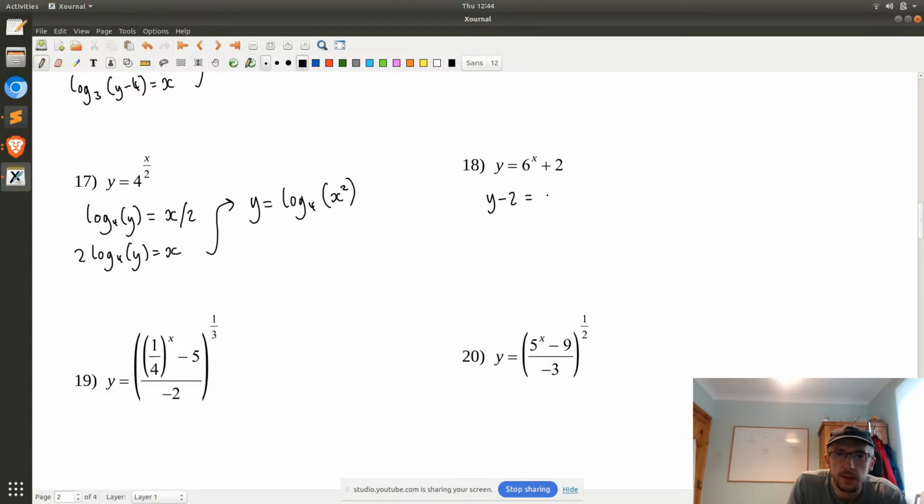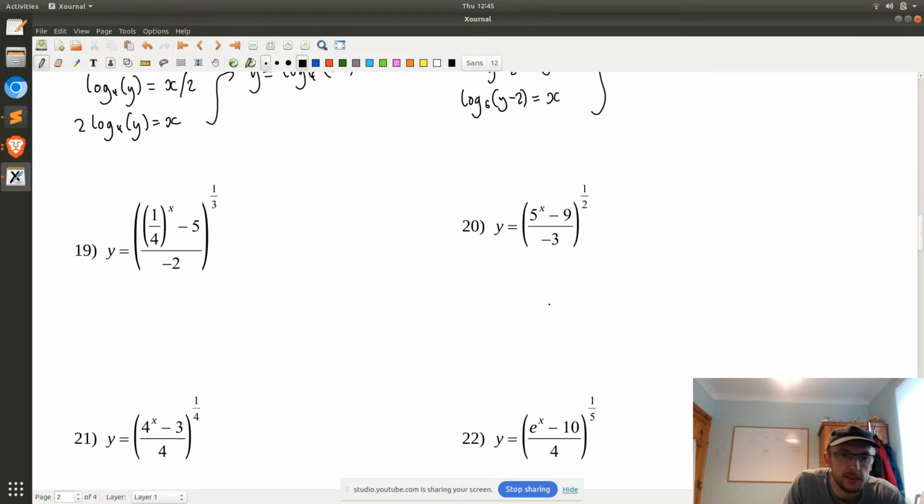Take 2 from both sides. Do log base 6 of both sides. And then swap the variables. And check. And that's correct.